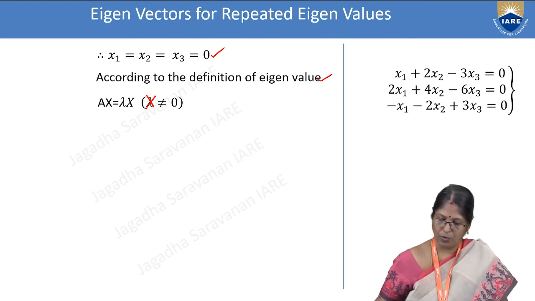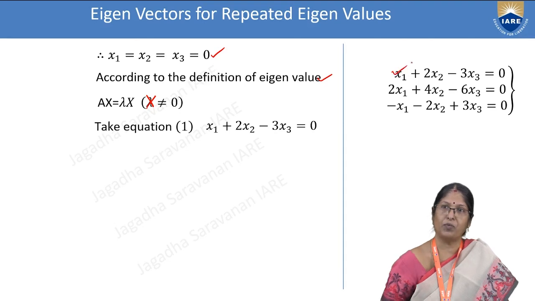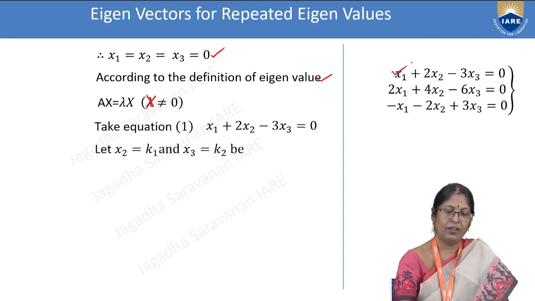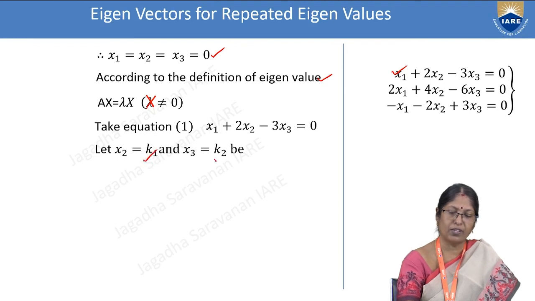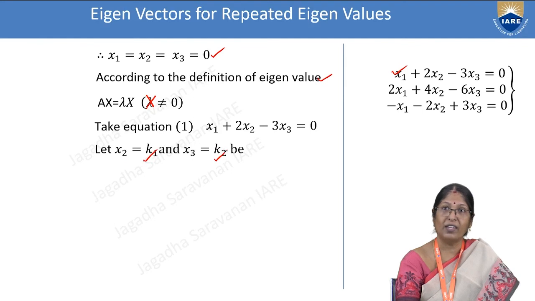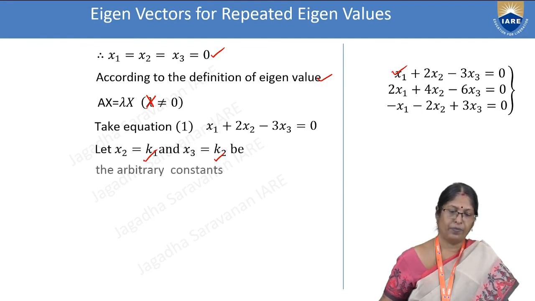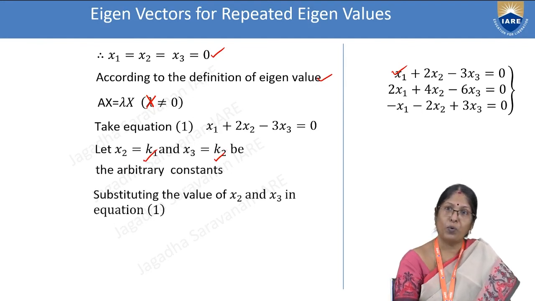So, these are the equations. Take equation 1, and we are declaring it is repeated. So, two arbitrary constants we declared: x2 as k1, x3 as k2. Now, we are going to substitute these values of x2 and x3 in equation 1.